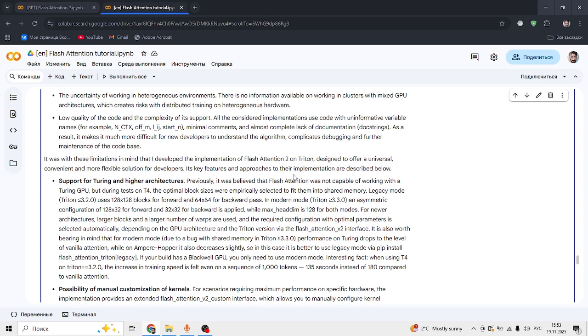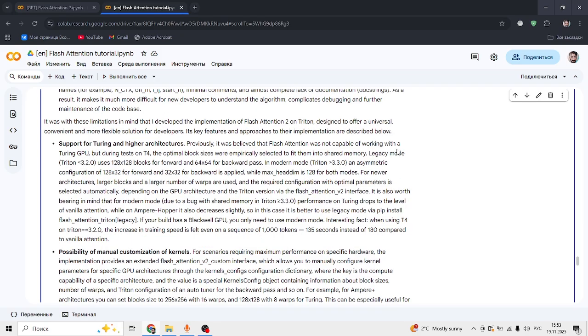It works with T4 or 2060 NVIDIA RTX, and there is one interesting fact that even on 1,000 tokens, the training speed up is significant. So it takes 135 seconds instead of 180 compared to vanilla attention.